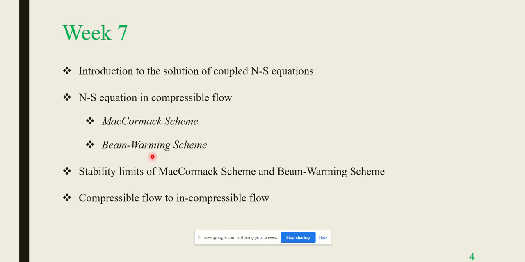After that, the stability limits associated with the McCormack scheme and the Beam-Warming scheme were discussed by the professor. And also, towards the end, how to deal with incompressible flow problems when the methods are basically for compressible flows. A basic introduction was given on that.